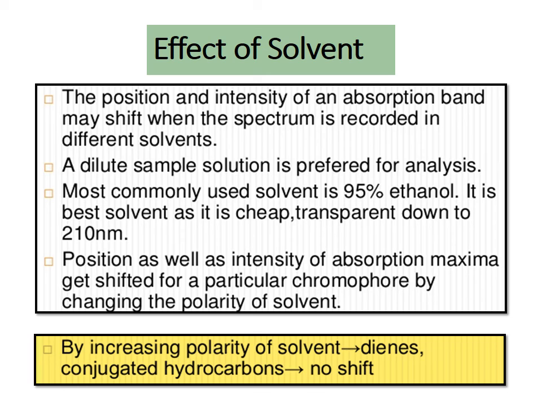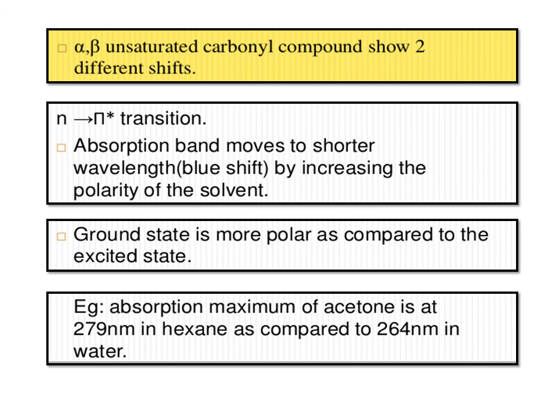When you take an alpha-beta unsaturated carbonyl compound, it shows two different shifts. One is n to pi star, another one is pi to pi star. Here, for n to pi star transitions, absorption bands move to shorter wavelengths, that is blue shift, by increasing the polarity of the solvent.